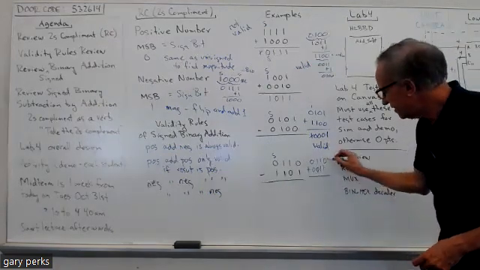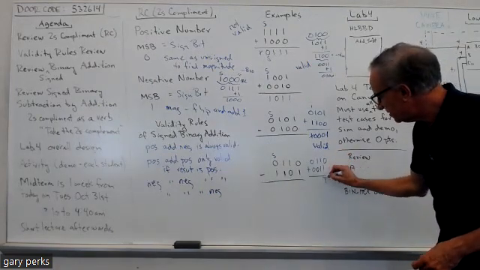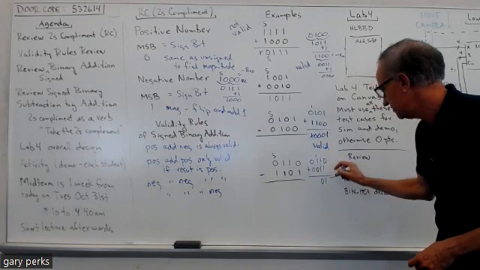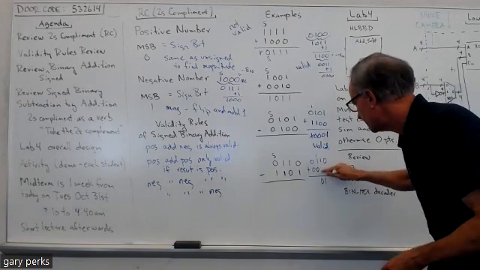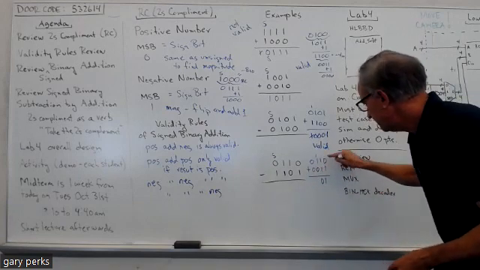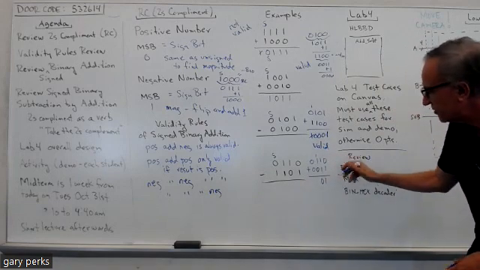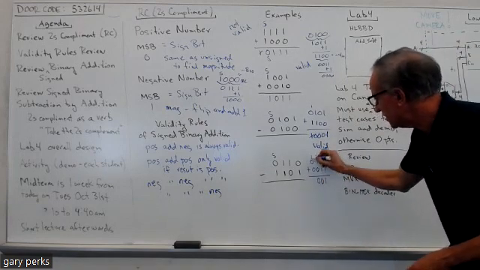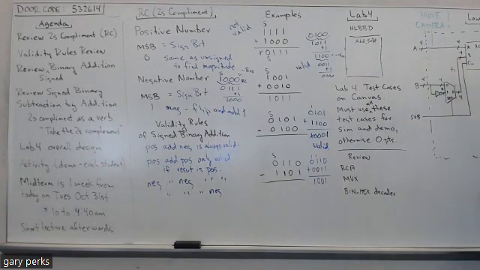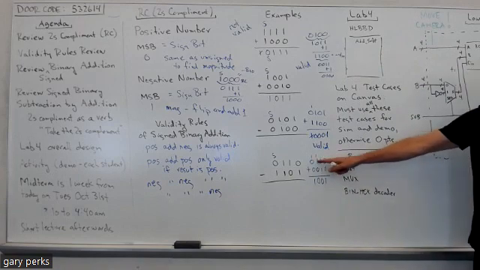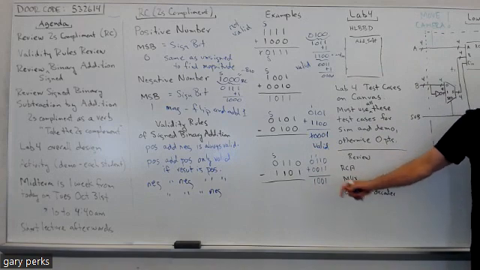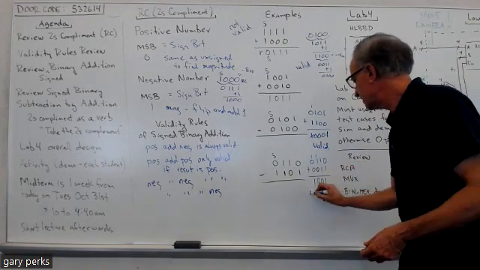All right, and then we add these, so we get 1, 0, carry the 1. Let me line these up better. 1, 0, carry the 1, 0, carry the 1. Why are you shaking your head that way? Not valid. Why? Yeah, we're adding two positives, you get a negative, that's not valid. Not valid.